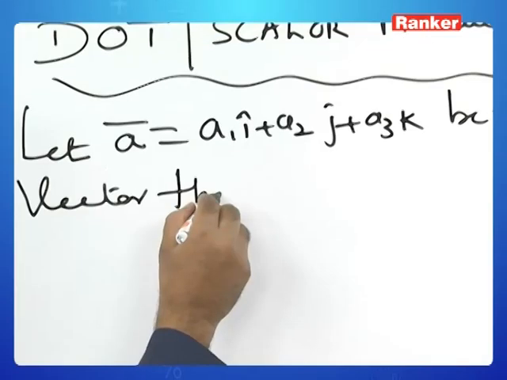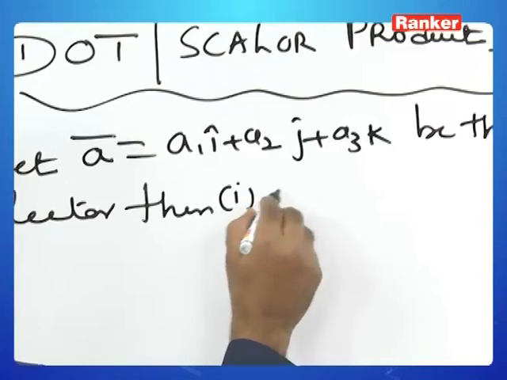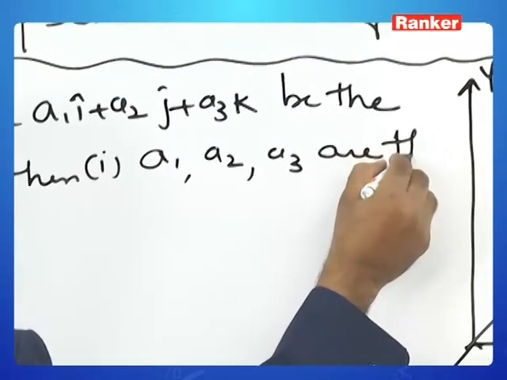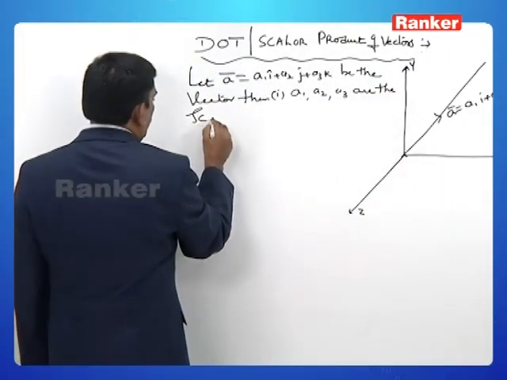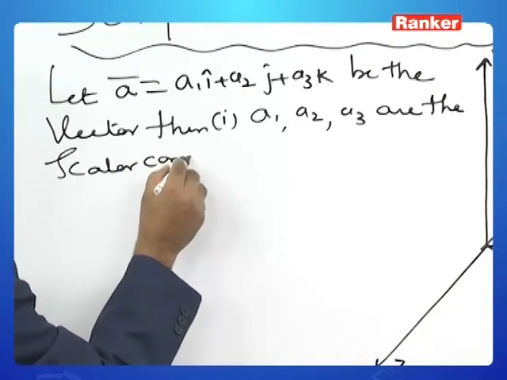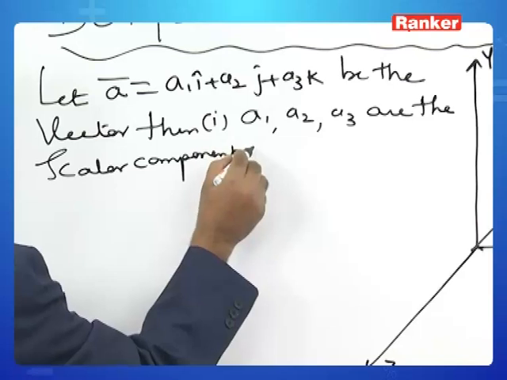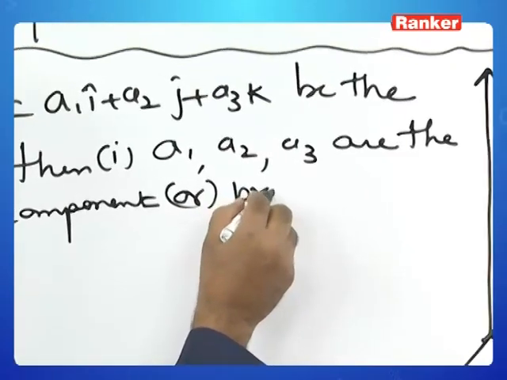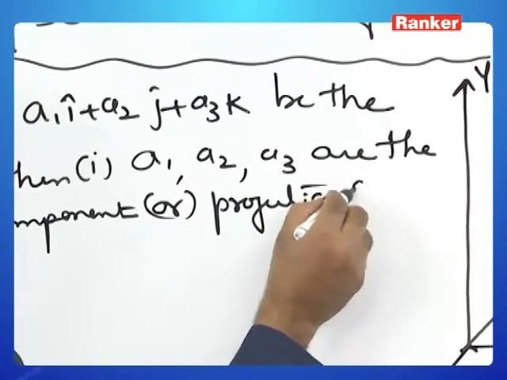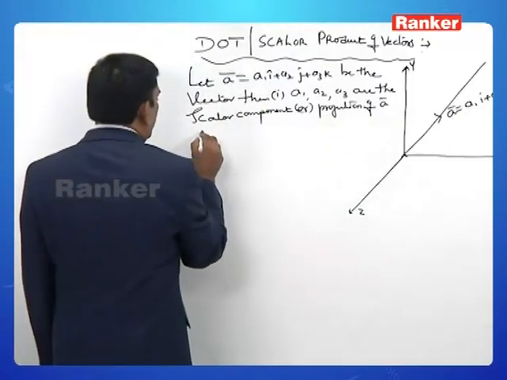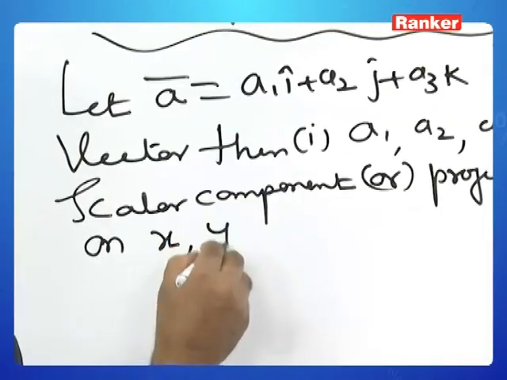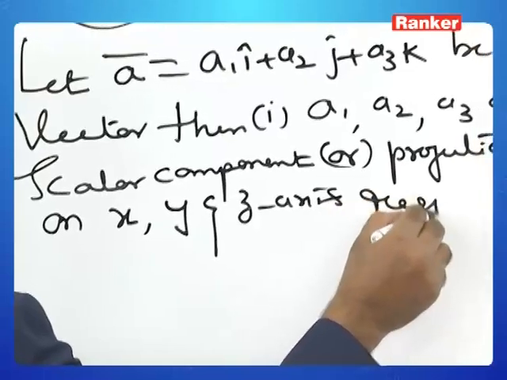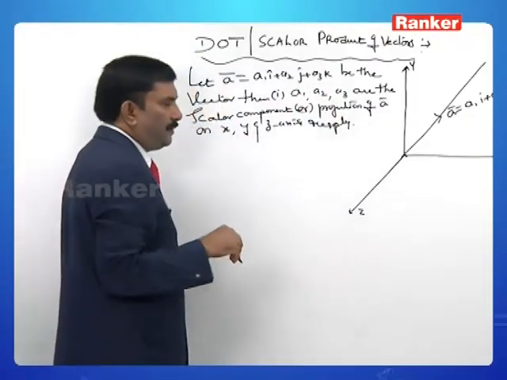Then first, A1, A2, A3 are the scalar components or projections of A bar on the x, y and z axis respectively.